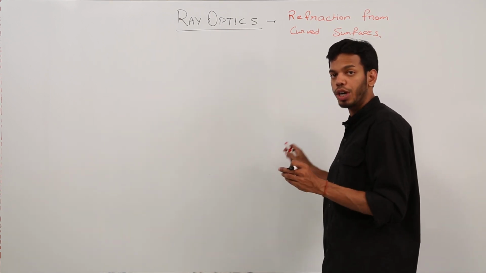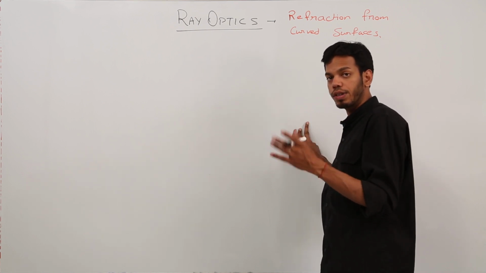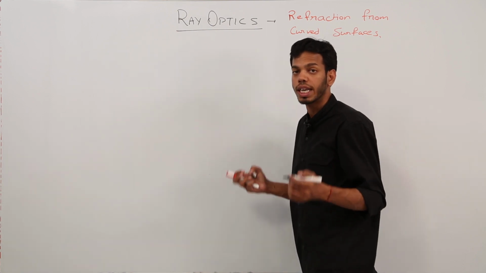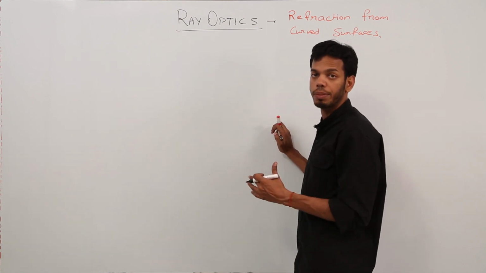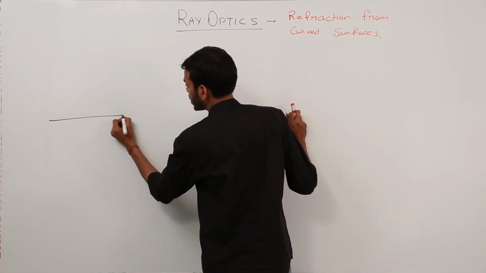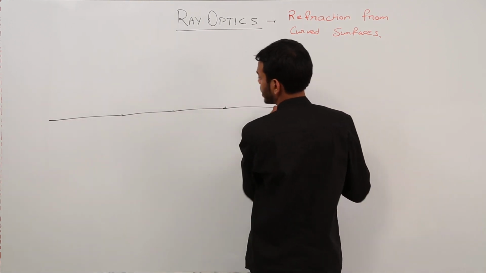Either it will say rarer to denser, denser to rarer, or they can also specify the position of the object, that the object is placed in this medium or that medium. That will automatically tell you whether the refraction is from denser to rarer or rarer to denser.